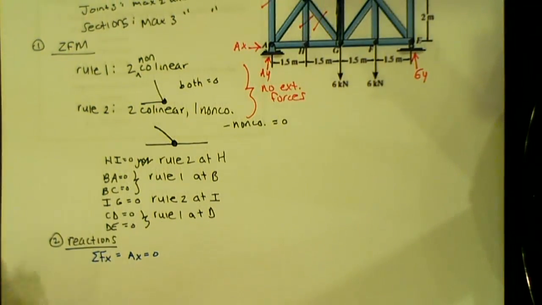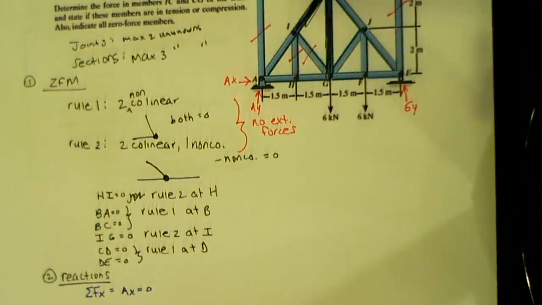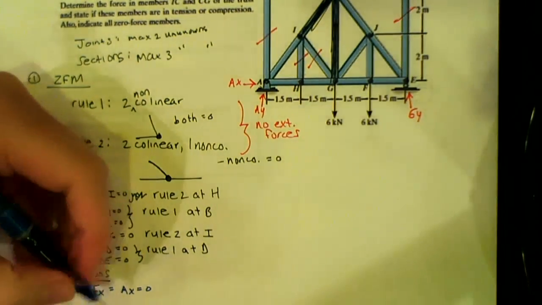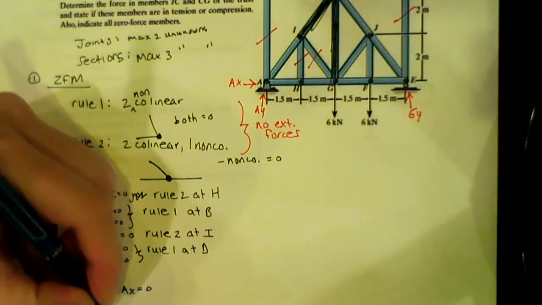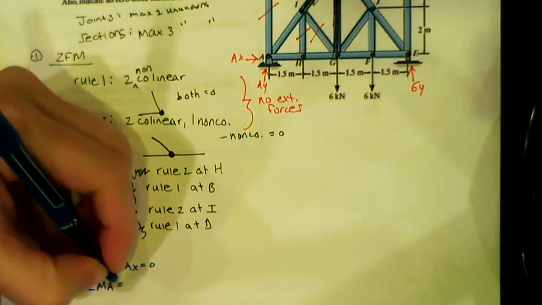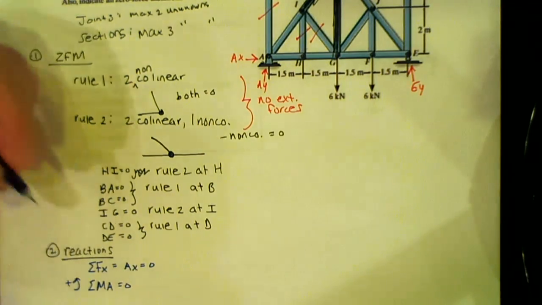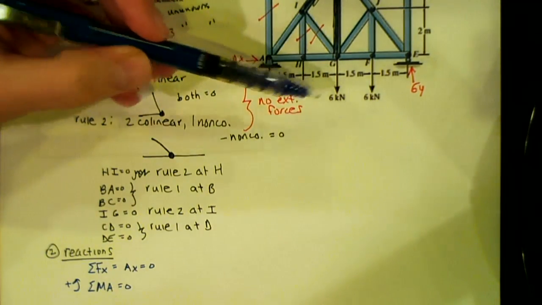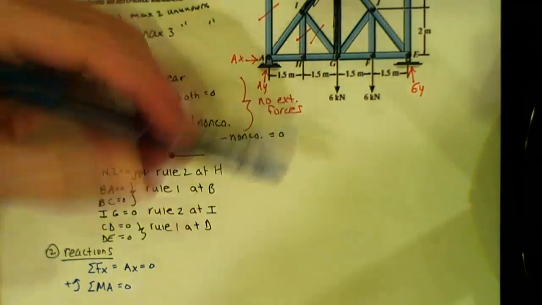Now what equation do I want to use to find something? Good, so we could do a sum of forces in y, but we would still have two unknowns. So if we do sum of moments at point A equals 0, I'm going to say that that's the positive direction. So we're going to have 6 times 3, and that's negative.